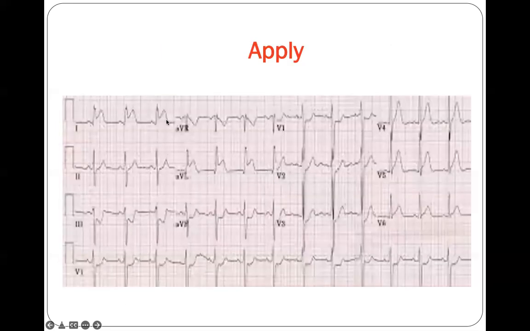And here you can see ST segment elevation in leads 1 and AVL. This denotes an isolated lateral infarction, and its mirror image or reciprocal depression is in the inferior leads 2, 3, and AVF. So this represents an isolated lateral infarction.